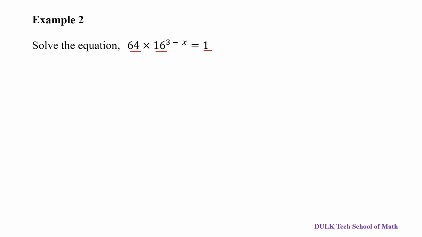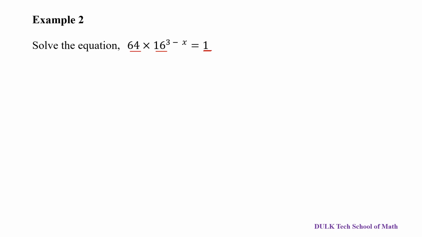At the same time, we can't easily express 16 in terms of 64. On the right hand side, it's very simple. We have to concentrate on the common base on this left hand side where we have 64 and 16. As soon as we are done with these two, then that base to the power 0 will be equal to 1. So we can use 4 or 2.